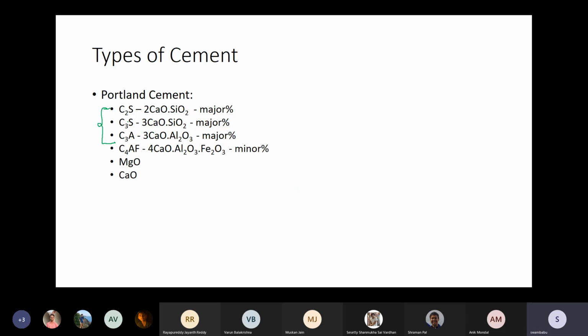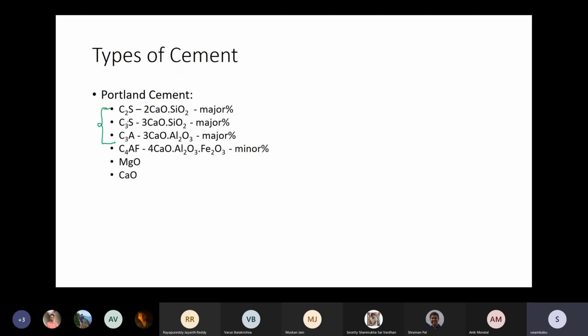Another one is tricalcium silicate, 3CaO.SiO2. Along with silicates, another important ingredient in Portland cement is aluminate, tricalcium aluminate, 3CaO.Al2O3.